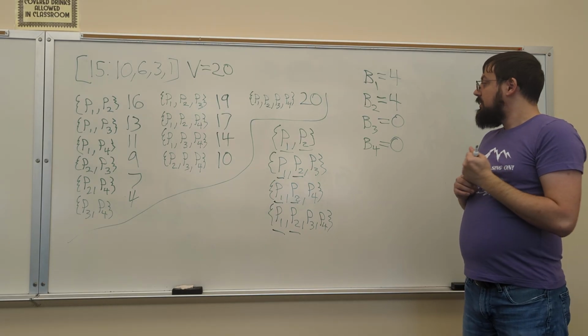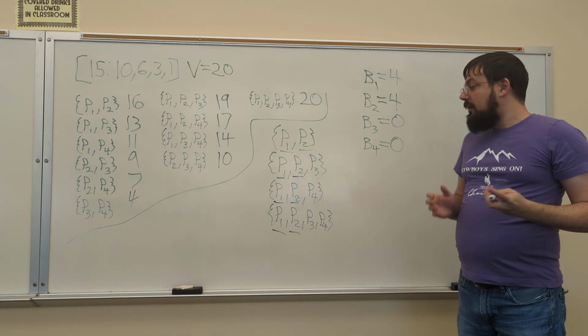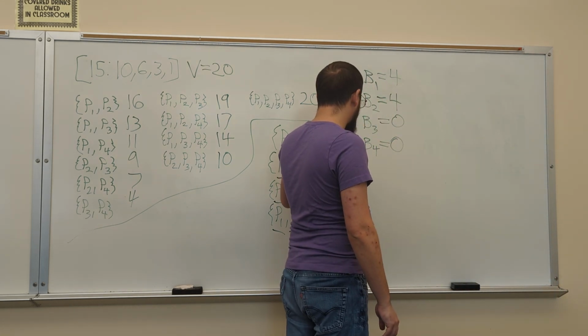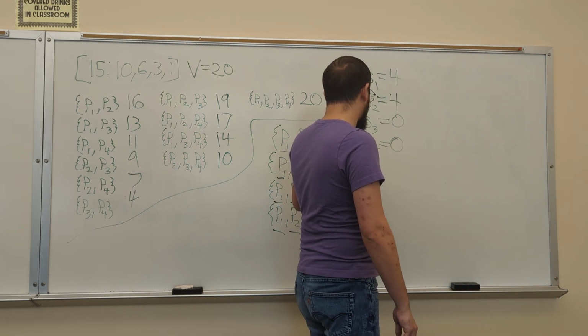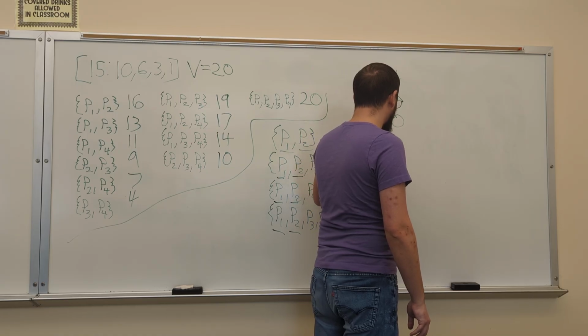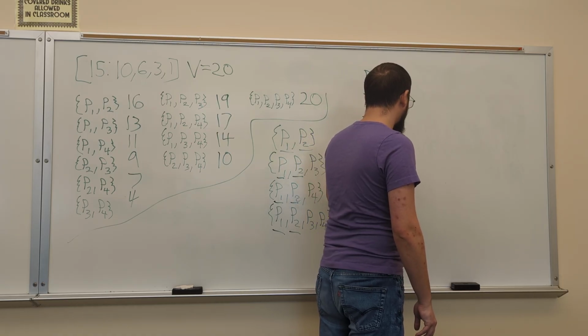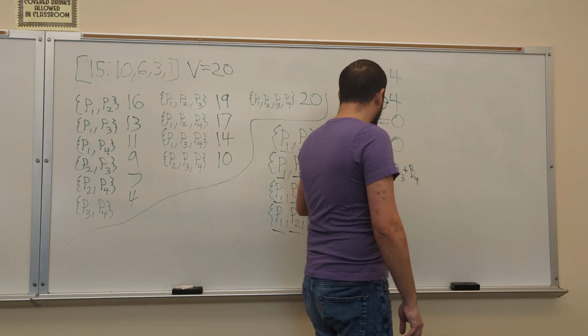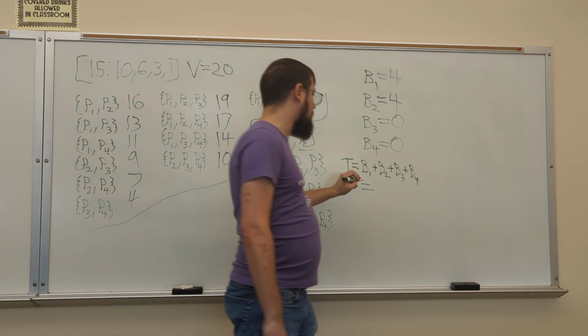All right. Now we figure out what the total critical count is. The total critical count we indicate as T, and this is basically just B1 plus B2 plus B3 plus B4, which if we add all of these up, gives us 8.